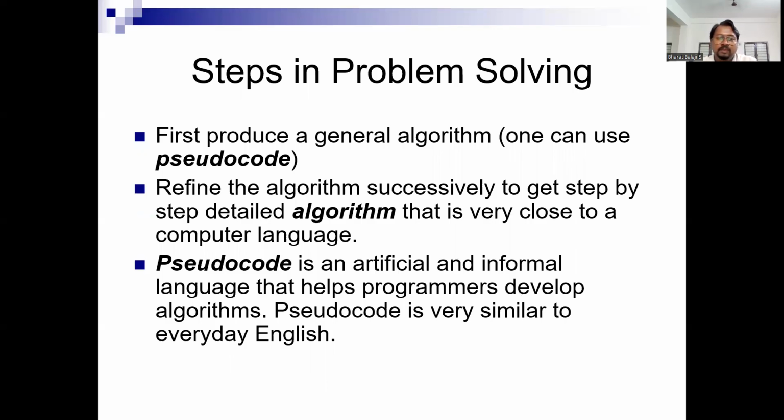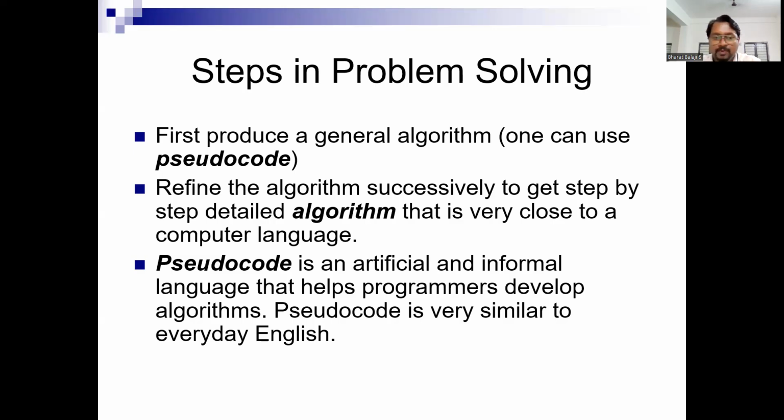And coming to problem solving, in problem solving we are going to have pseudocode. After the algorithm, we are going to write pseudocode. First, to produce a general algorithm, we can write pseudocode, then refine the algorithm successively to get a step by step detailed algorithm that is very close to a computer language.